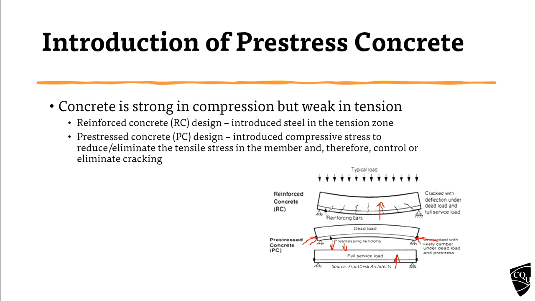So in pre-stress, we introduce some compressive force in the bottom or tensile zone. So that will reduce the deflection. Less deflection means less tensile stress in the tensile fiber. The less tensile stress in the bottom fiber means the less chance of getting cracks. So no cracks in this one.